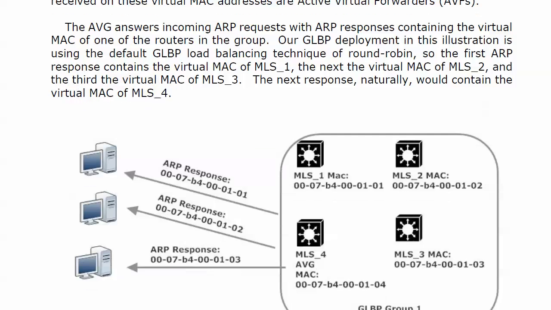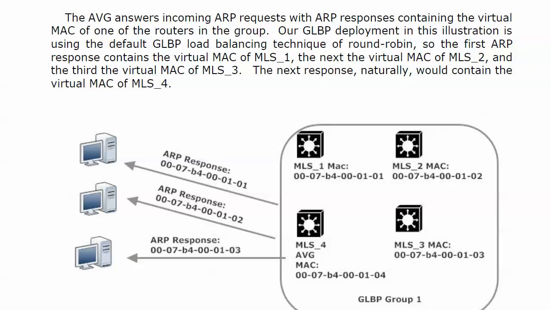And then, let me bring that up so you can see it. There we go. And then, of course, the ending of it is just the number that was assigned by the AVG. So we saw the requests coming in. And the AVG answers those incoming ARP requests with ARP responses containing the virtual MAC of one of the routers in the group. And I know I've said that at least twice already, but it's a really important concept to remember.